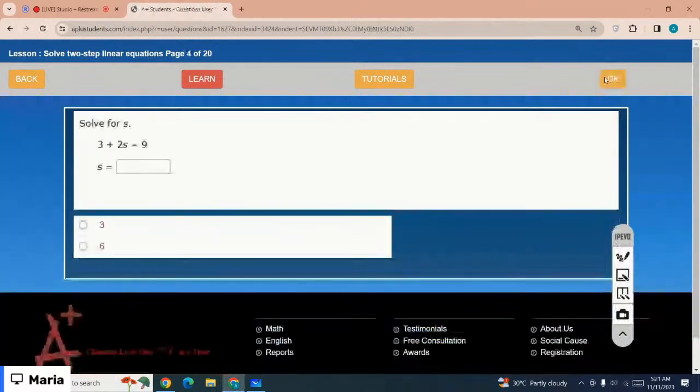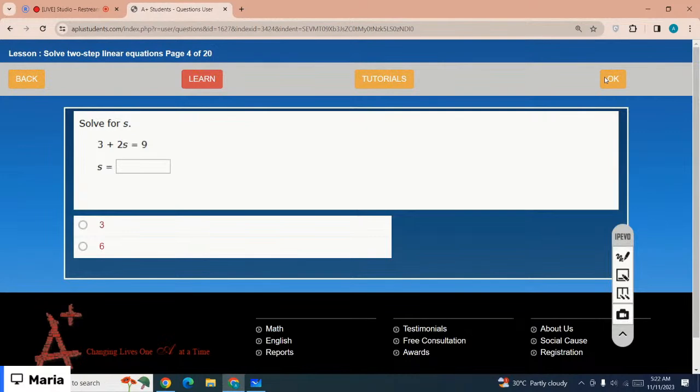Okay, the next one is 3 plus 2s equals 9. So which is the correct option? You have to subtract 3 from both sides, right?